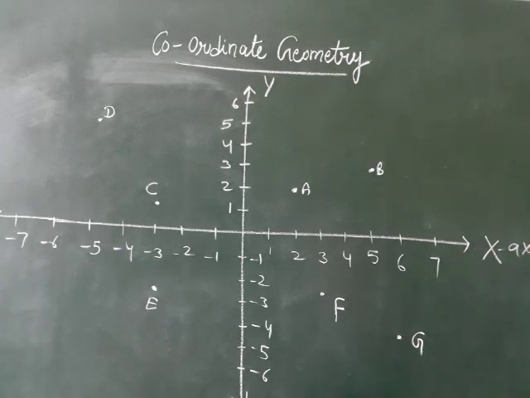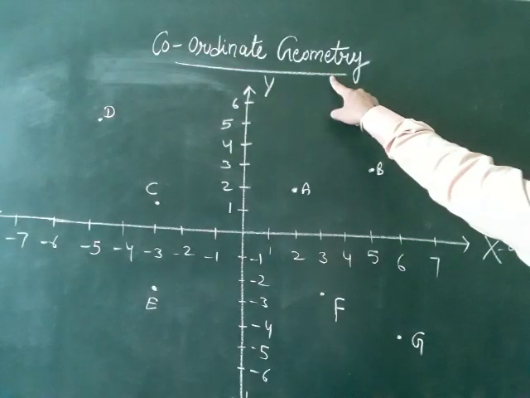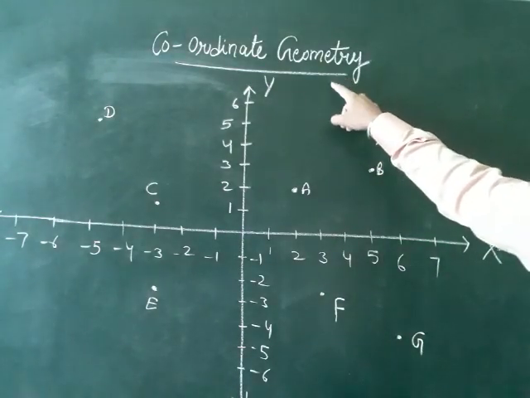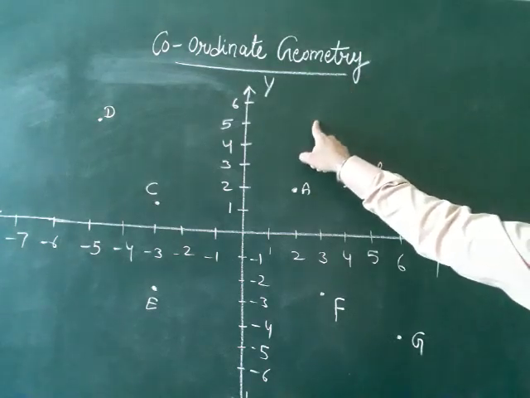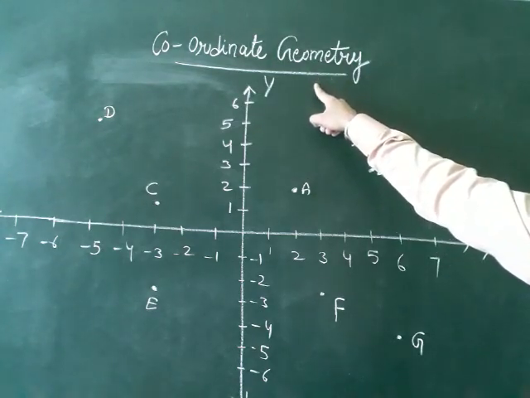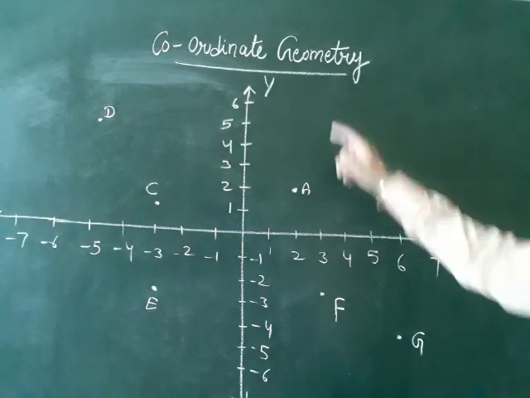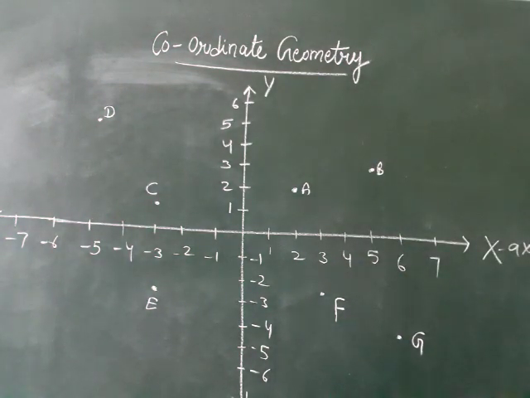We all are studying coordinate geometry of class 9th, or we can also follow the concept of coordinate geometry in higher classes also. So students, in our previous video we learned coordinate planes, or we can say xy plane, and then we learned that there are four quadrants in xy plane.